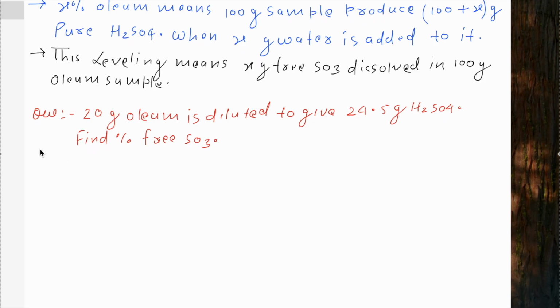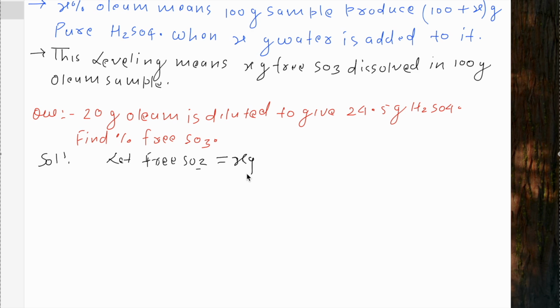Here we are talking about the solution. What we have to do, let there is free SO3, consider it is x gram.